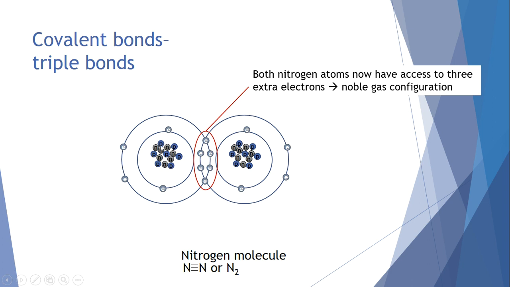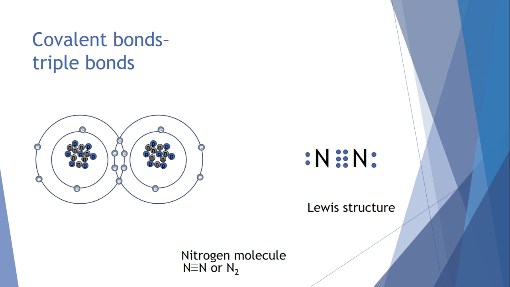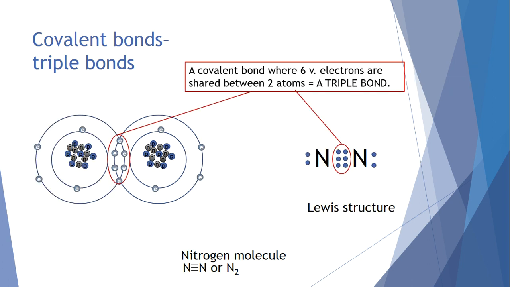And if we look at the atom to the left, it has 6 in a shared bond and 2 free electrons. So they both have reached 8 valence electrons. So they have reached a noble gas configuration. And I'd like you to write this down.